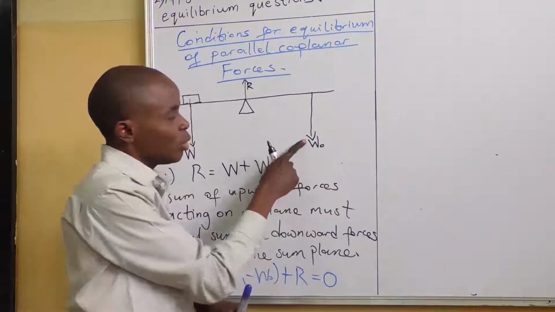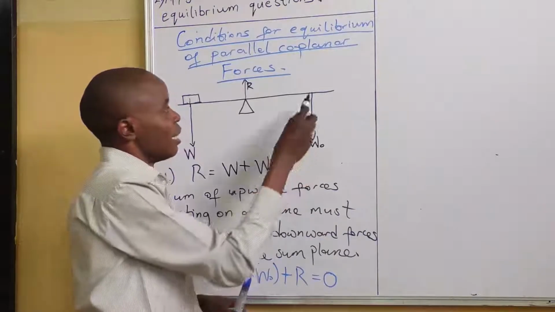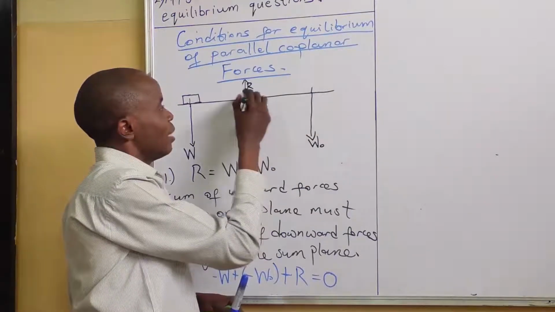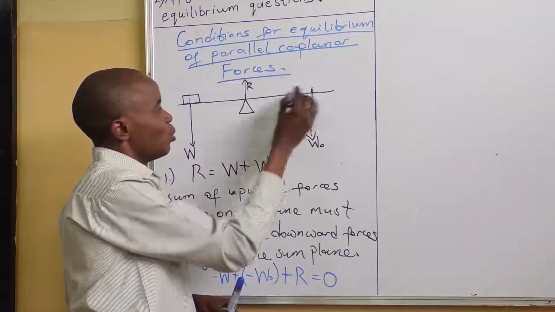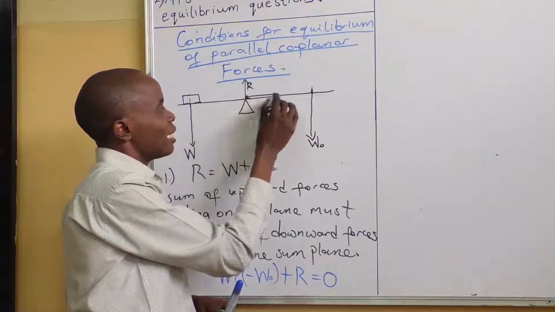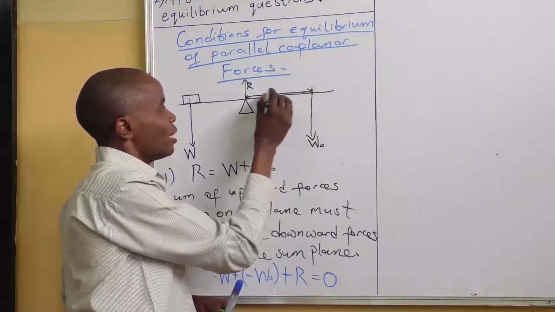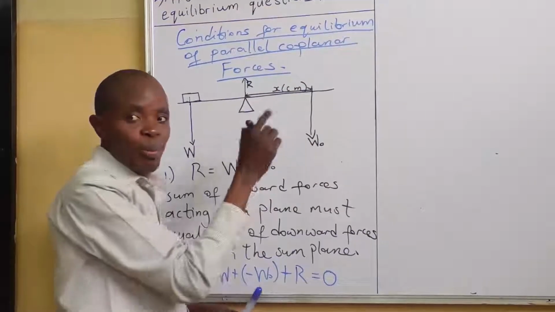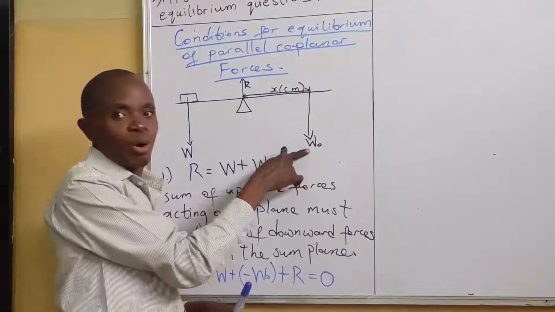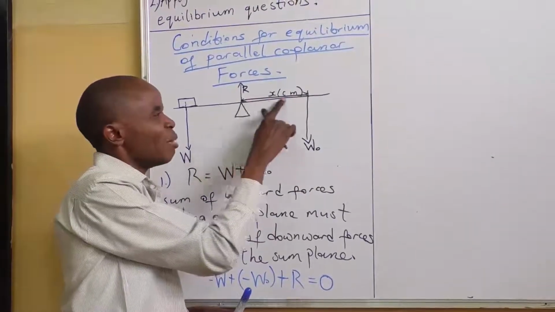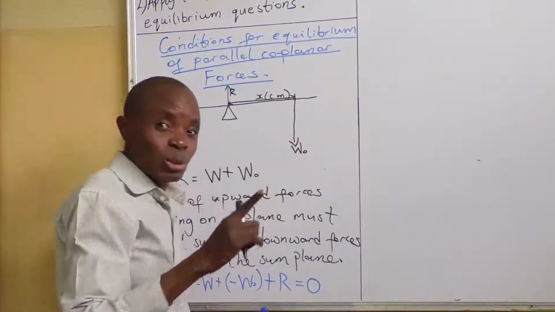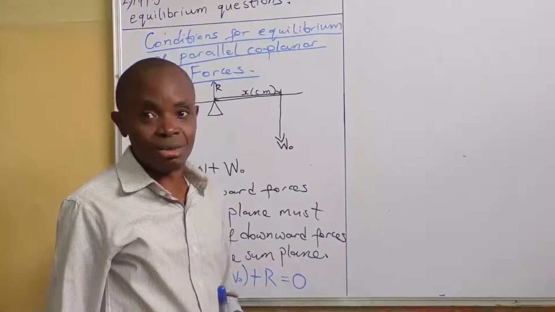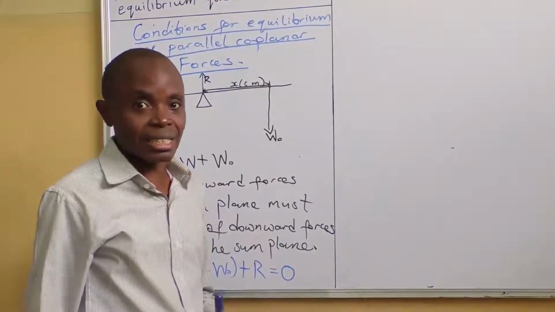So if I want to take the moment of W naught here, for instance, let's call the distance from W to this turning point X, say in centimeters. So moment is this force multiplied by this perpendicular distance. Note the keyword perpendicular, not just any distance.